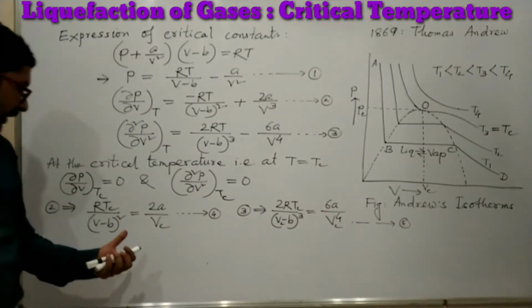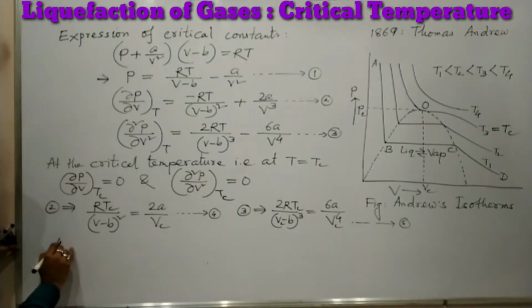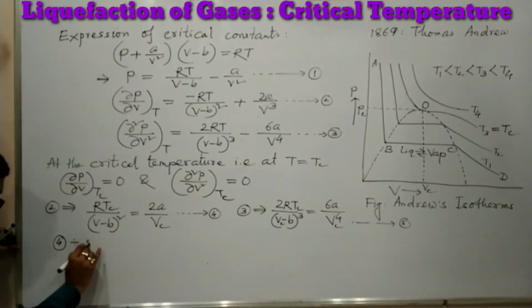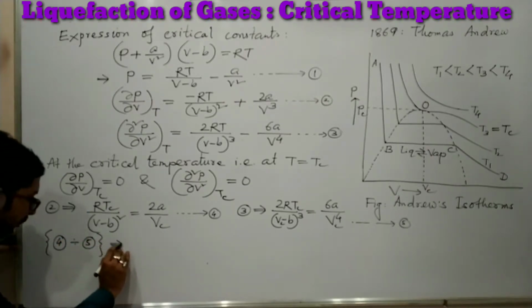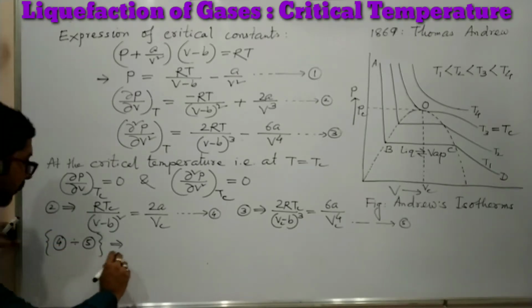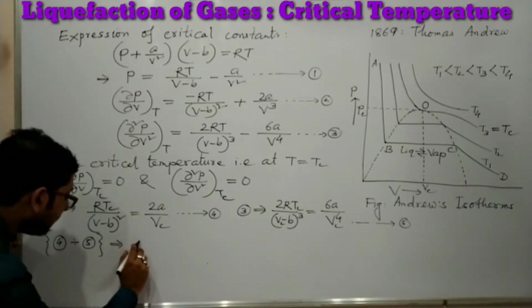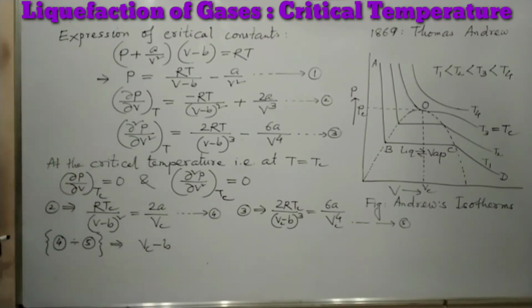Now if we divide equation number 4 by equation number 5, what do we get? RTc, equation number 4, this is Vc minus B. There is a 2 factor.